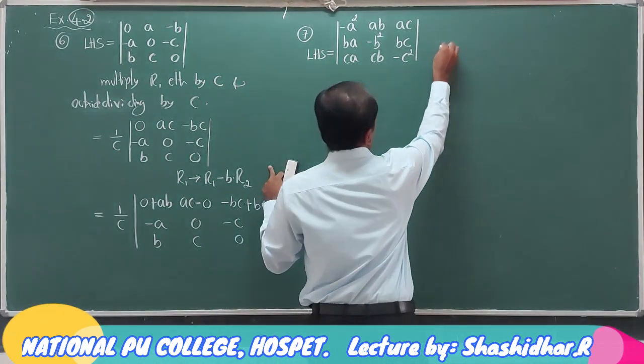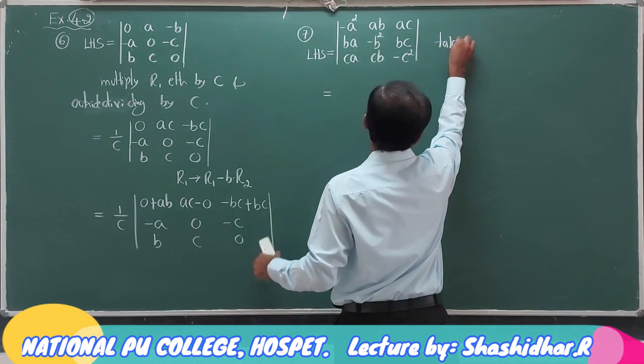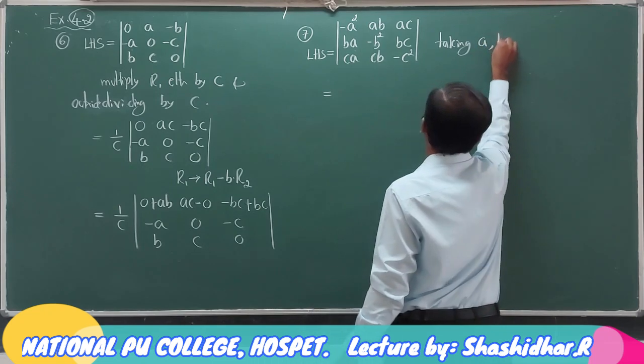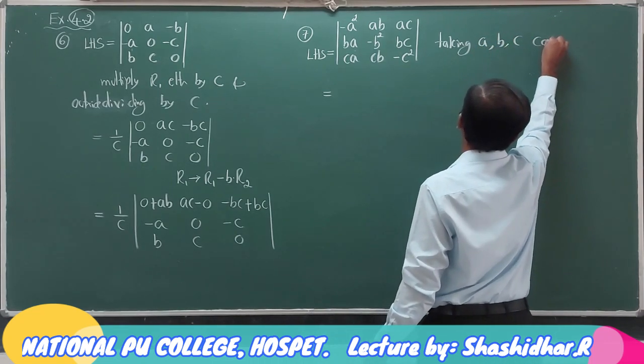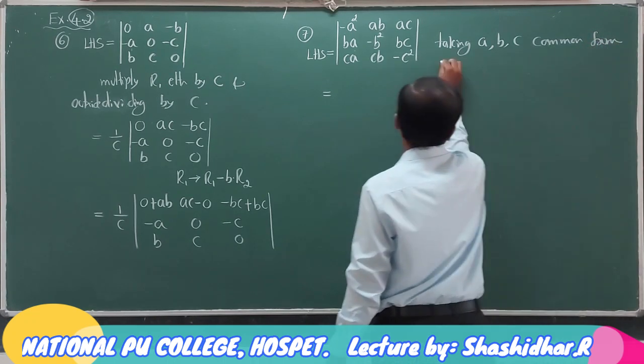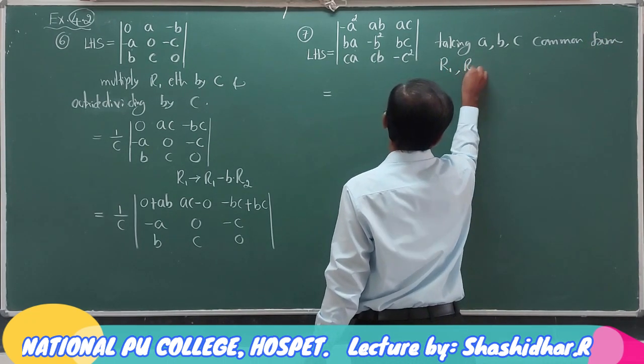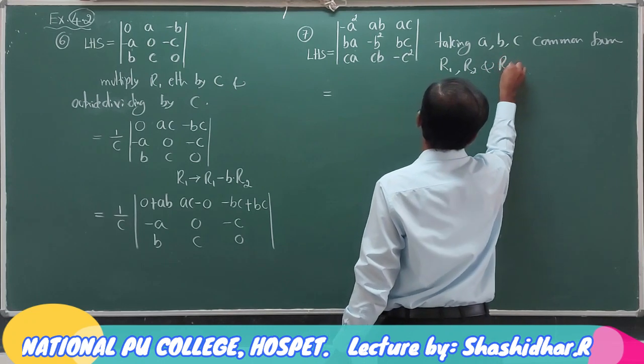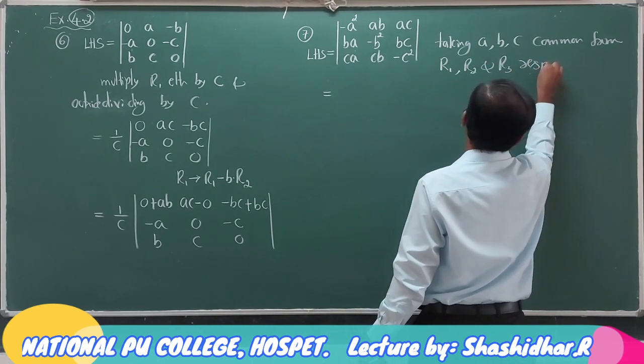So here I write, taking A, B, C common from R1, R2 and R3 respectively.